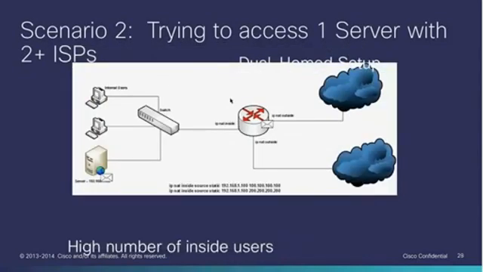Now, one interesting aspect of both of these scenarios is that it might work at times, right? Because even if the traffic gets NATed to this IP address and goes out like this, it might still work. The ISP will send the traffic out, but we will have asymmetric routing. Traffic comes in like this, but it goes out like this.